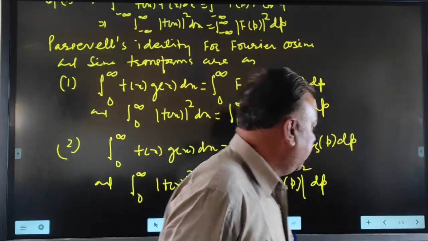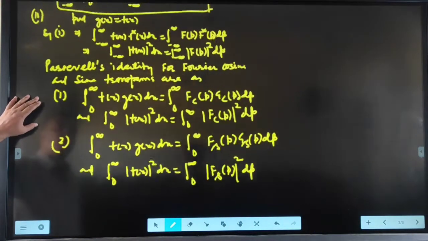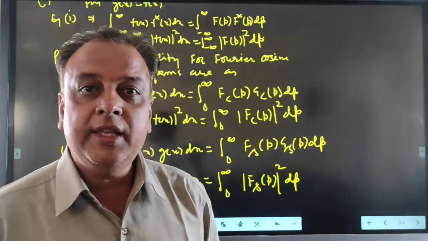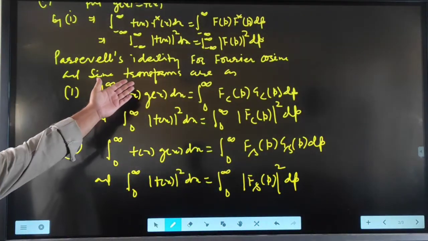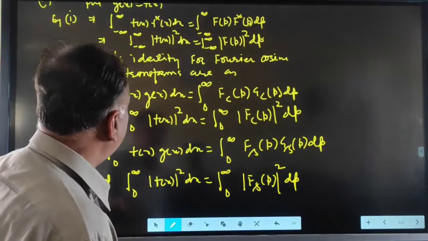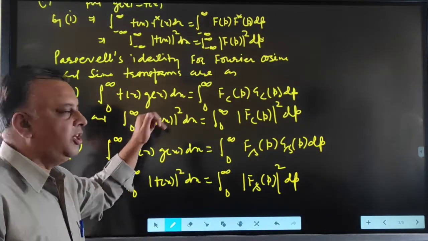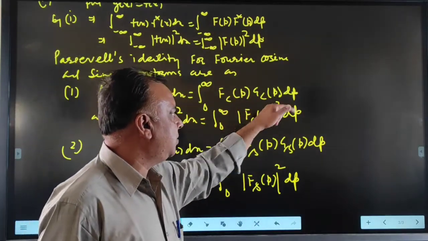Similarly, we have studied the Parseval's identity for the Fourier cosine transformation as well as the Fourier sine transformation. For the Fourier cosine transformation, the Parseval's identity can be written as integral 0 to infinity f(x) g(x) dx is equal to integral 0 to infinity fc(p) gc(p) dp.